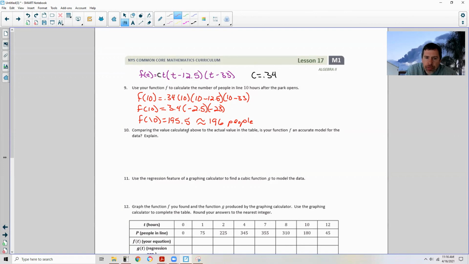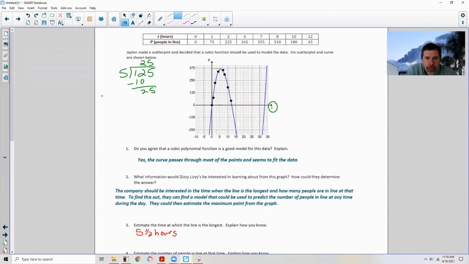Number 10 says to compare the value calculated above to the actual value in the table. Is your function f an accurate model of the data? So I'm going to go back and look at 10. Is it near 196? I go back and I look at 10 and it's 180.